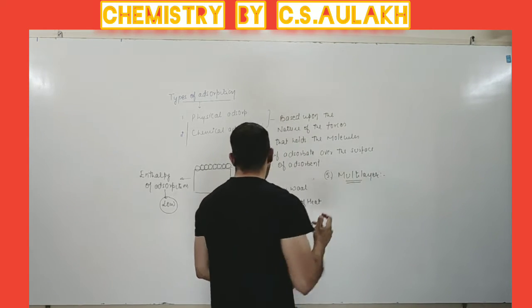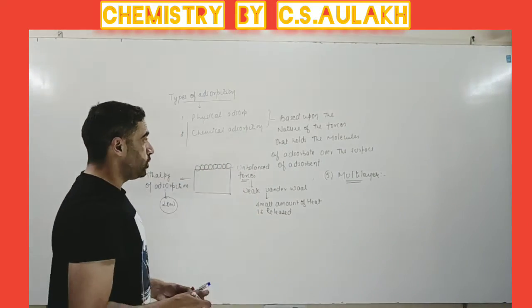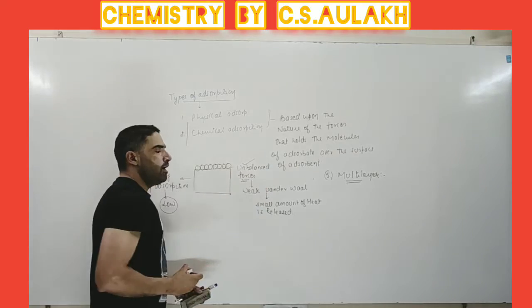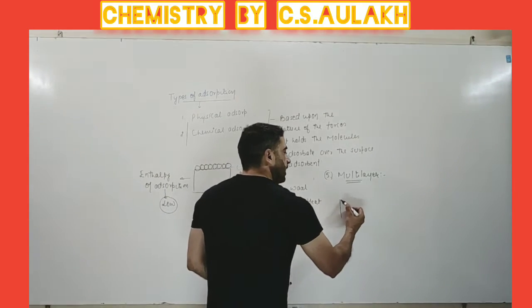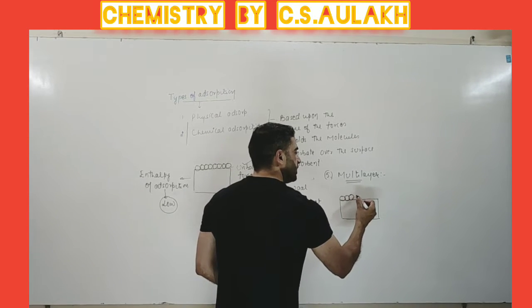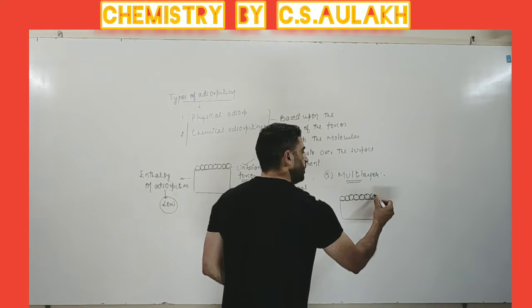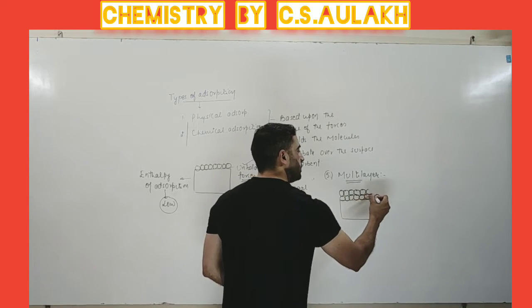That is, the molecules of adsorbate are held over the surface of adsorbent because of these unbalanced forces. So the molecules of the adsorbate can get adsorbed over the surface of adsorbent not only in one layer but by more than one layer also.